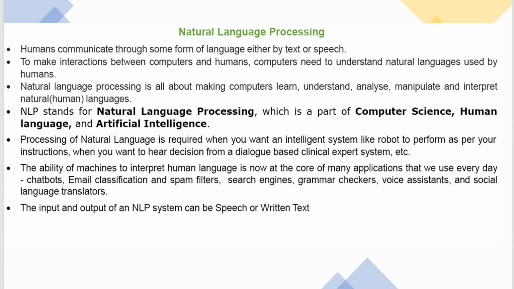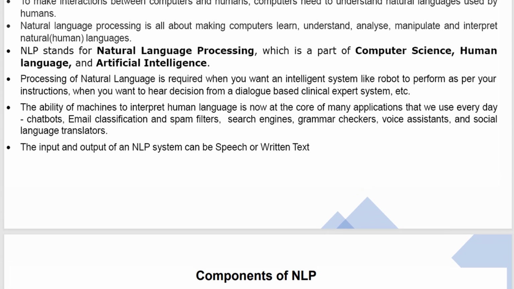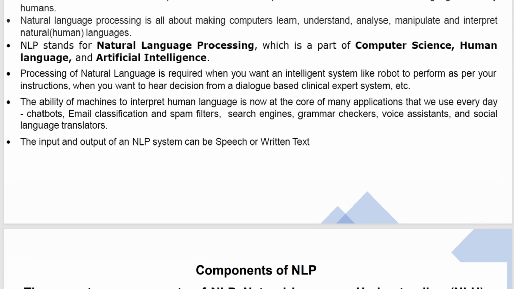So here we are discussing the components of natural language processing. There are two components of natural language processing. Before discussing the two components, first we need to know what NLP is, and that NLP is a part of computer science, human language and artificial intelligence.